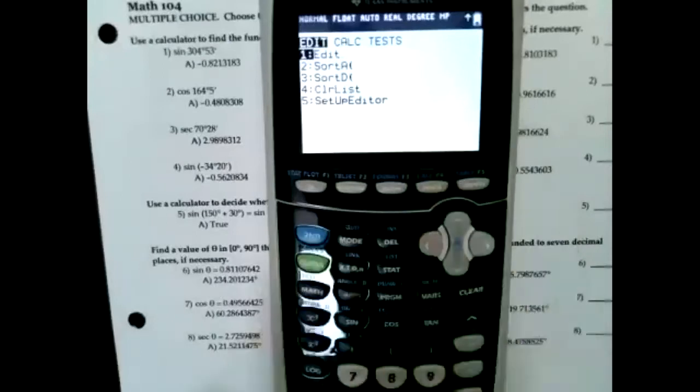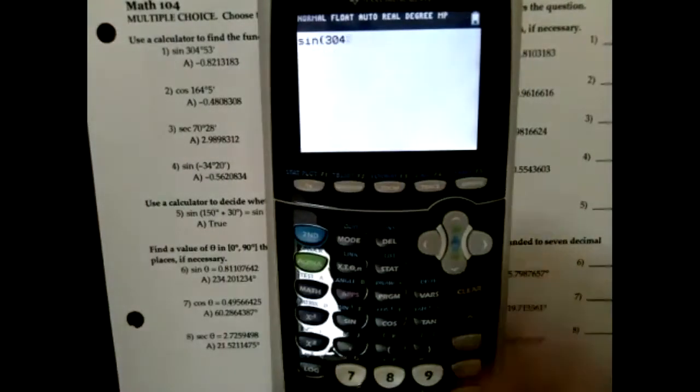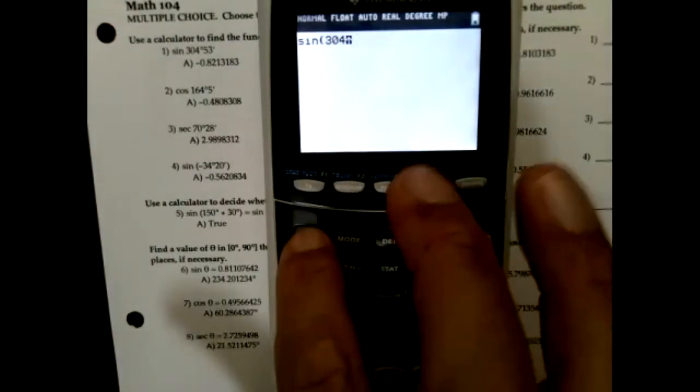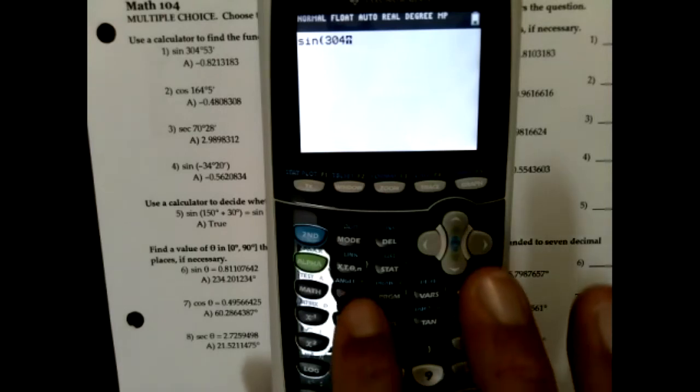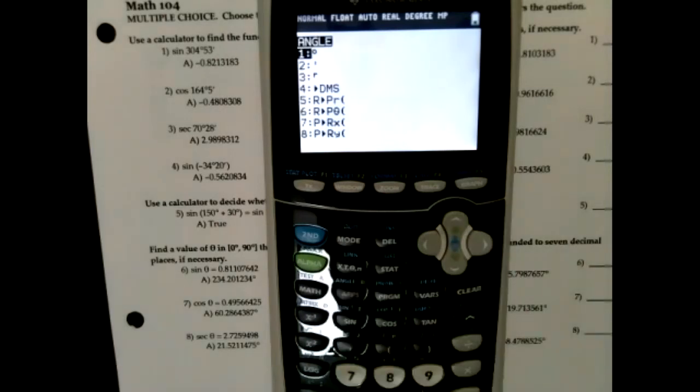Well, let me clear that for a second. 304 degrees. I hear second and I hear apps. Awesome. Because what do I see there? Degrees. Enter. And I'm typing in 53 and I'm going, yep.